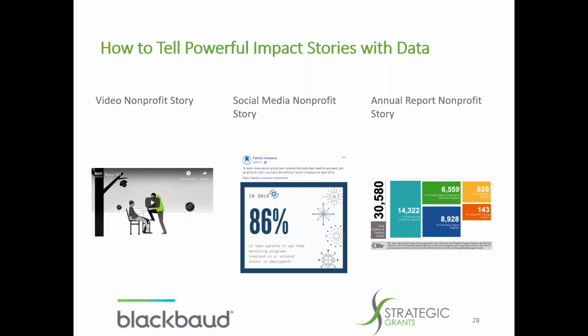They've been incredibly successful in using that to scale their programs, also even to get into social impact bonds, which has further allowed them to grow their programs and the impact they have. So that's a great example of using video to share a story. Another example is a snippet through social media of one of the results areas. For this not-for-profit, it was 86% of teen parents in our home mentoring programs remained in or entered school or employment.